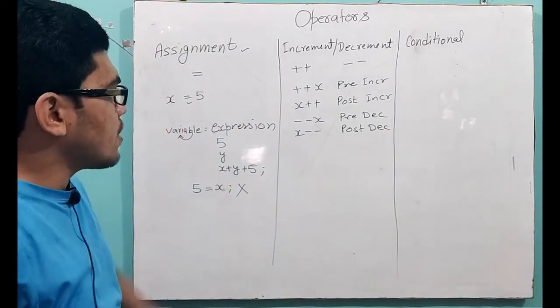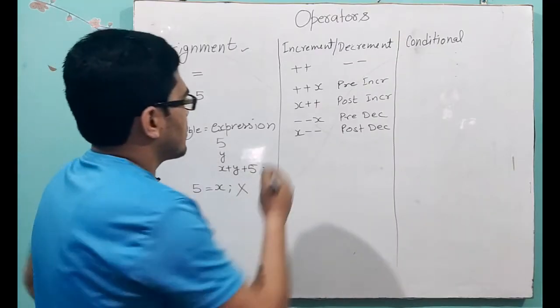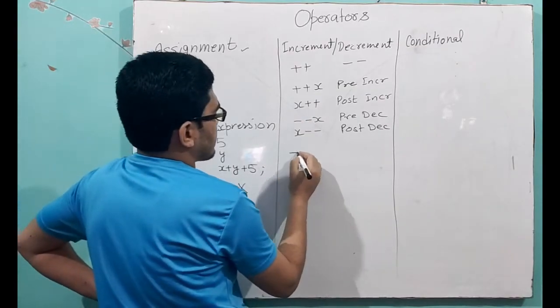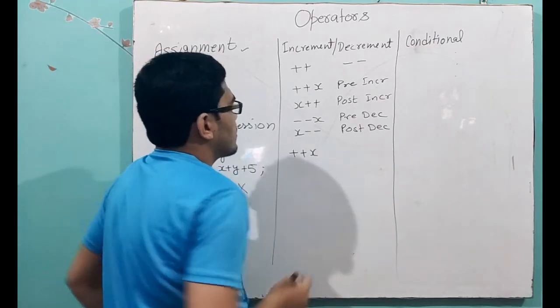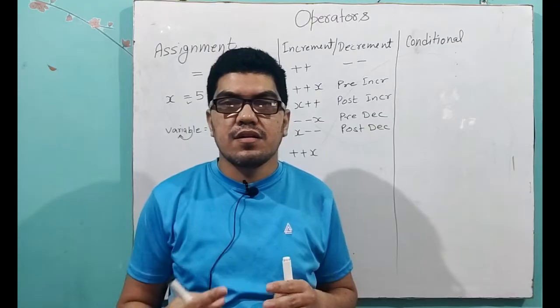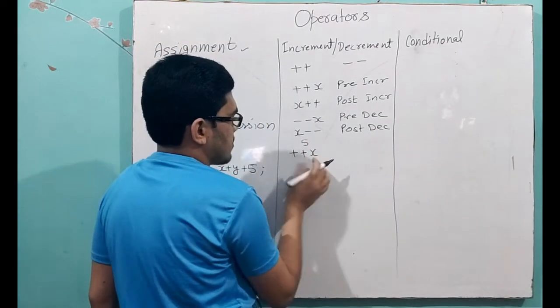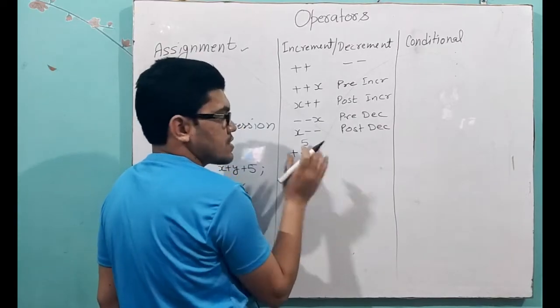Okay. Now what is the difference between pre and post? See, in case of pre-increment, the value of x will be immediately increased by 1. If the value of x is 5, then it will become 6.